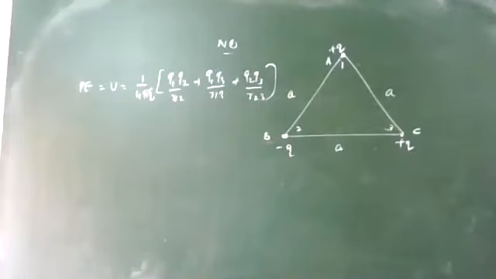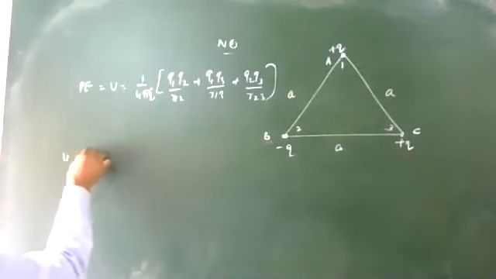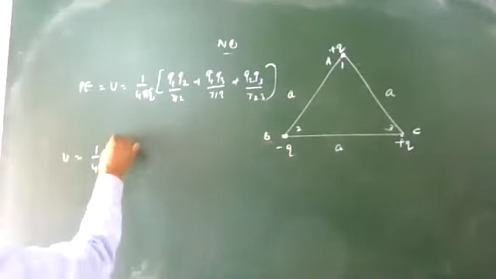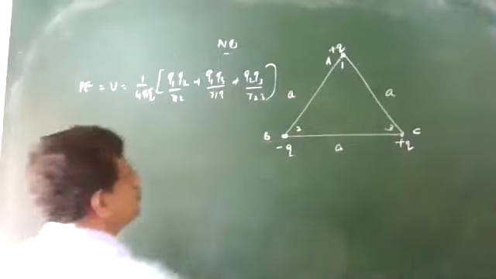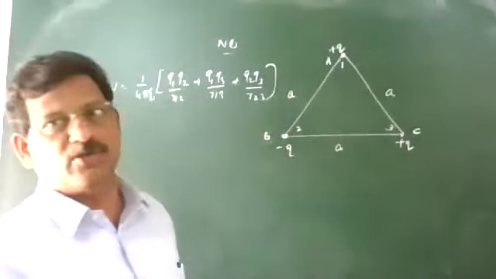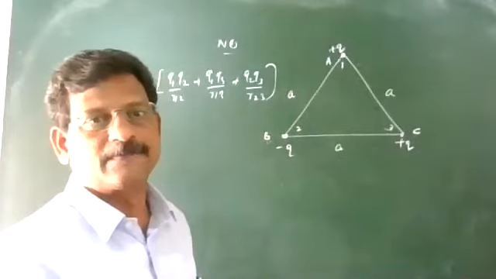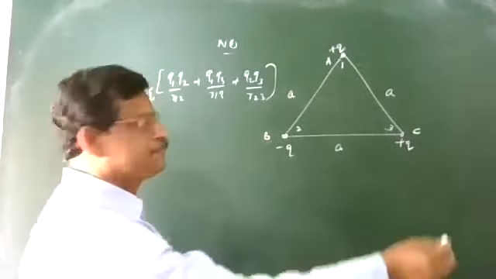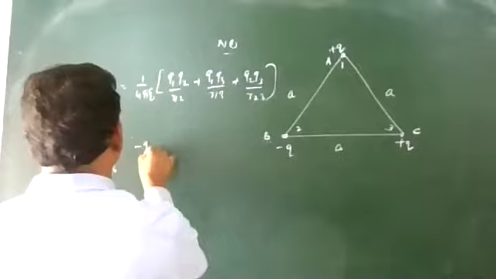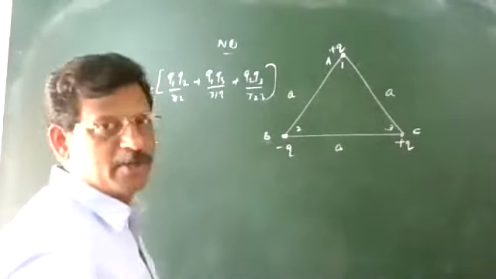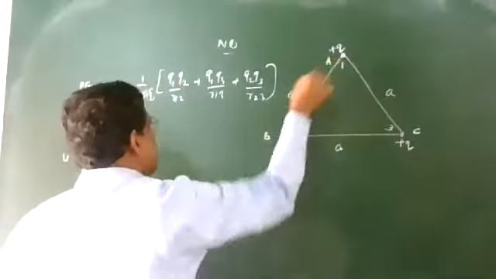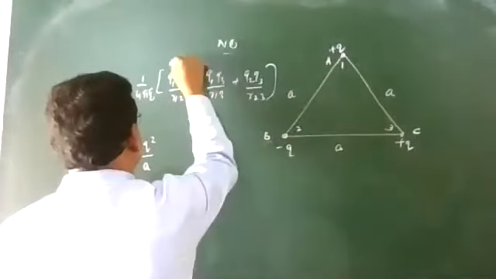What is 1 and 2? So U equal to 1 by 4 pi epsilon 0. Where is 1 and 2? Plus Q and minus Q. What is the value? Minus Q square. What is the distance between them? 1,2 distance is A. First one completed.